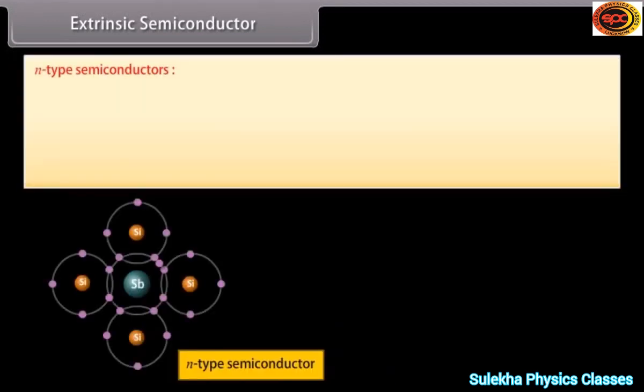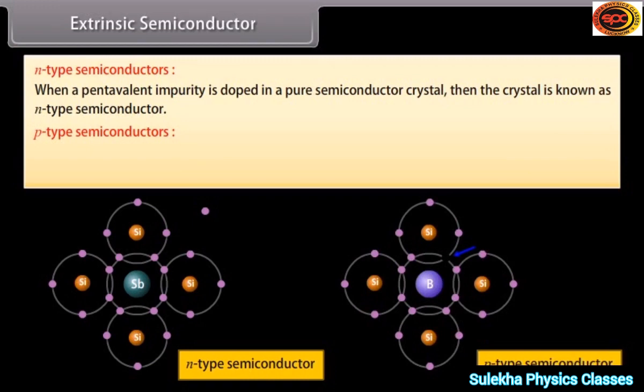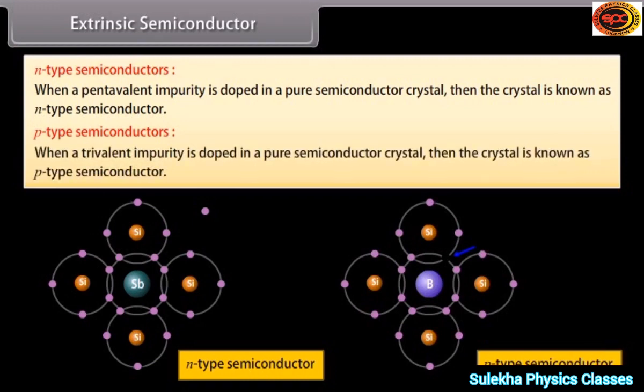N-type semiconductor. When a pentavalent impurity is doped in a pure semiconductor crystal, then the crystal is known as N-type semiconductor. P-type semiconductor. When a trivalent impurity is doped in a pure semiconductor crystal, then the crystal is known as P-type semiconductor.